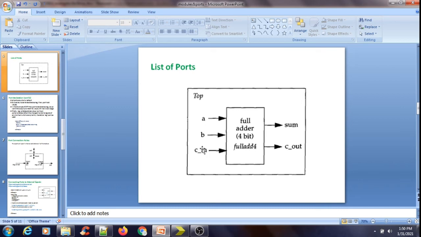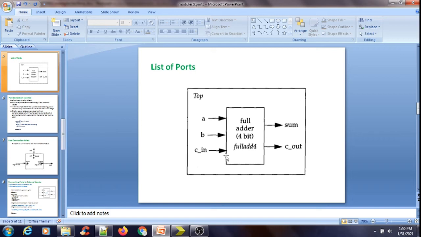So A, B, C in must be declared by using a wire, and at any cost we should not declare them as reg variables. A, B, C in cannot act as reg variables. Simply, input ports should not store values, as they reflect the changes in the external signals like capital A, capital B, capital C in they are connected to.